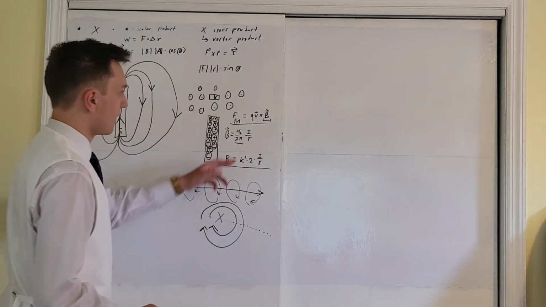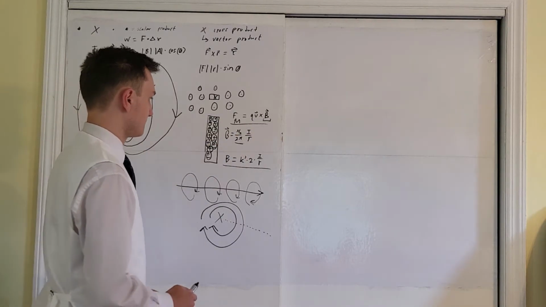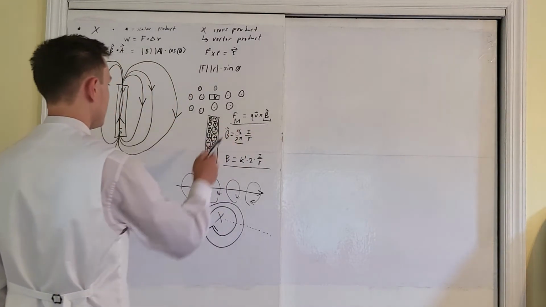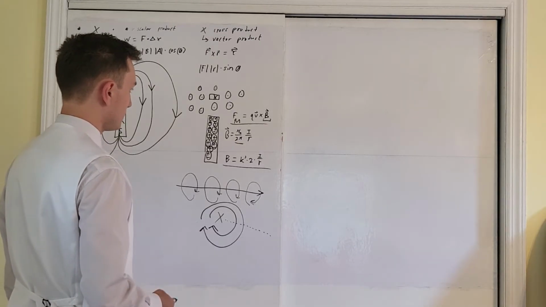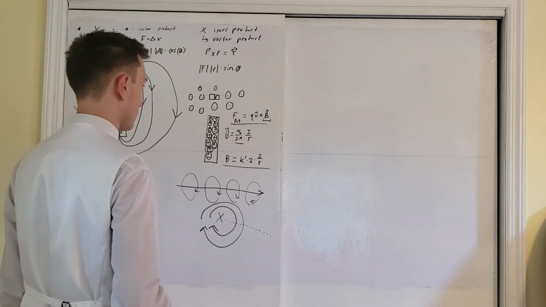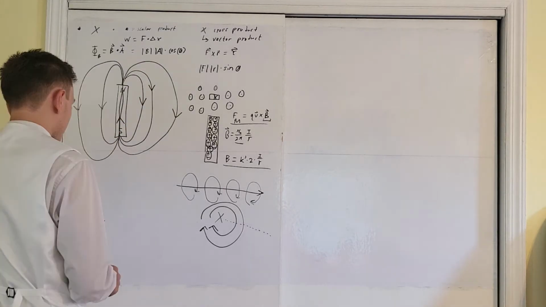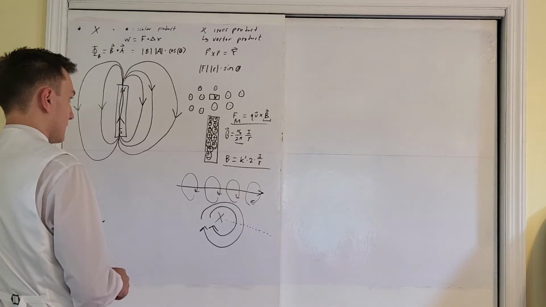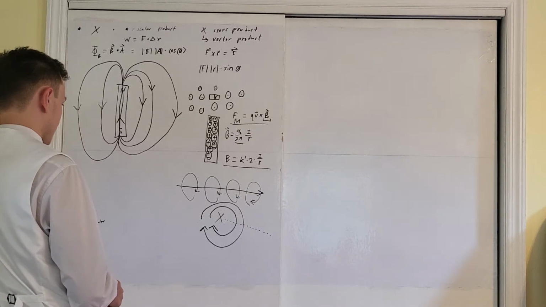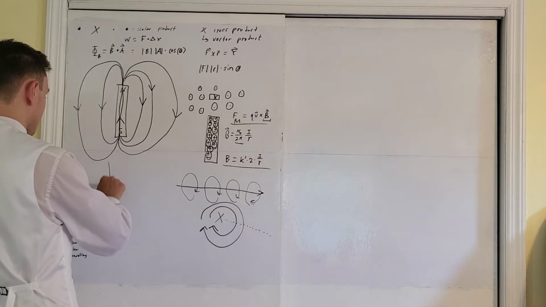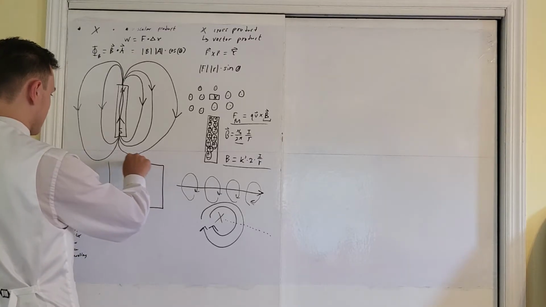Okay, back to this equation. The magnetic force equals the charge Q times the velocity of that charge crossed with the magnetic field, the B field. Let's give ourselves an example to help illustrate this, okay? I can draw a system right here.